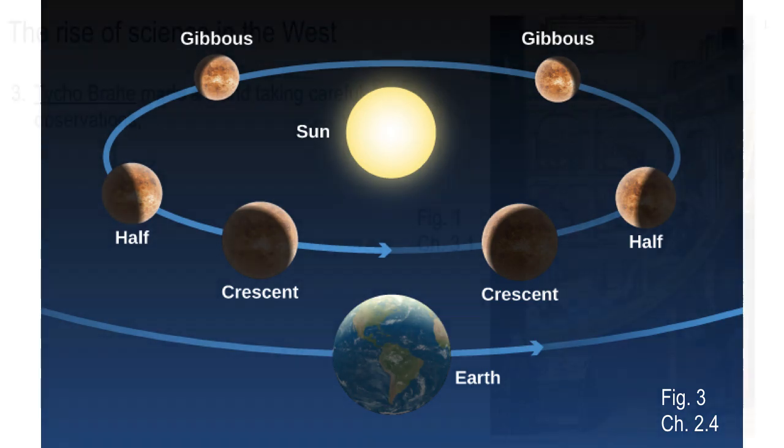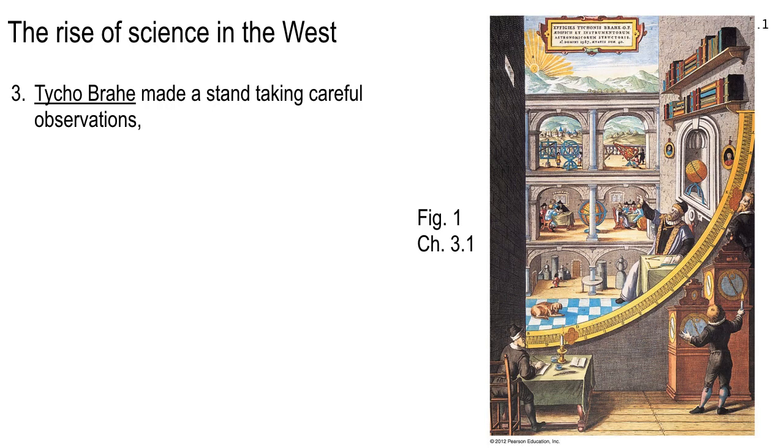And even Tycho Brahe, who was the best and the last of the great naked eye astronomers, you can't make out stellar parallax. You can't make out the phases of Venus without a telescope. And for stellar parallax, you have to have a really good telescope.